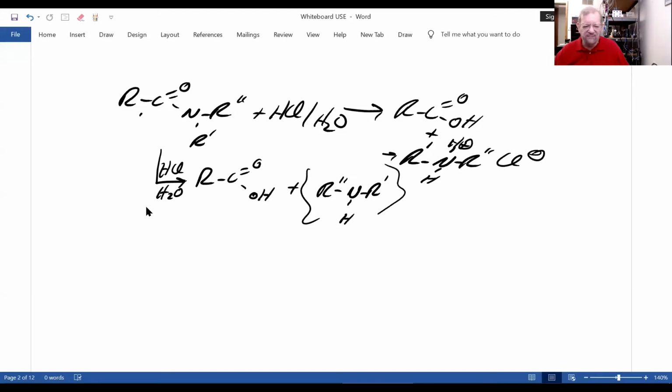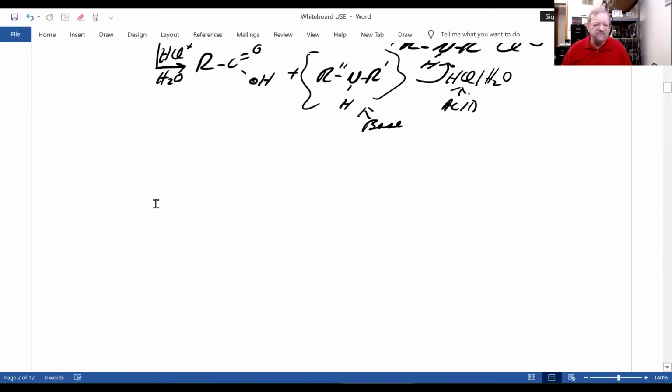However, in the presence of acid, this happens immediately. Remember, amines are bases, proton acceptors, and HCl is an acid. So this is an acid-base reaction, and there's nothing quicker than that in all of nature.